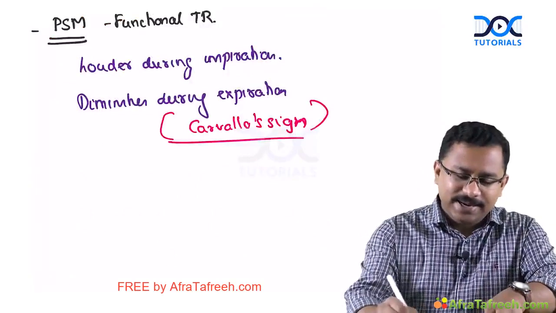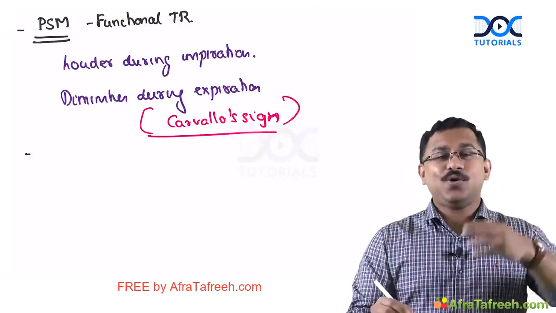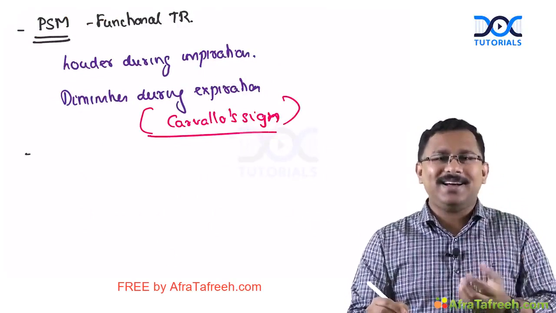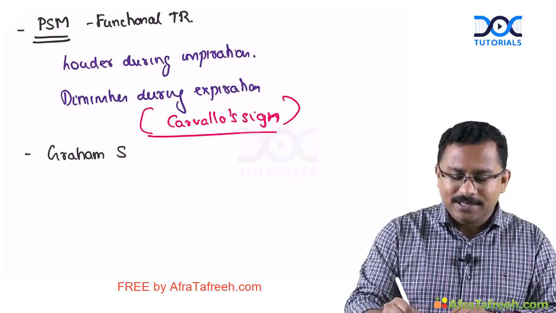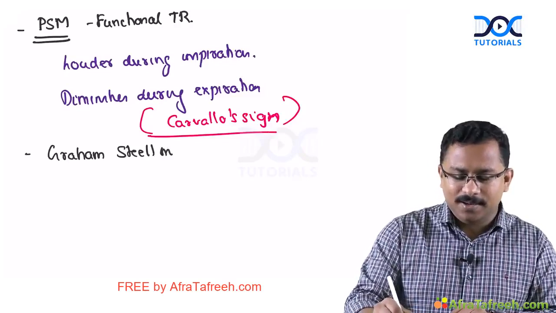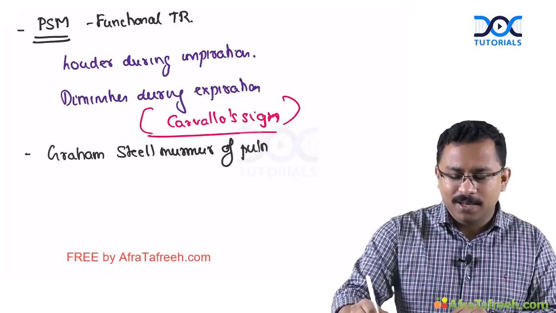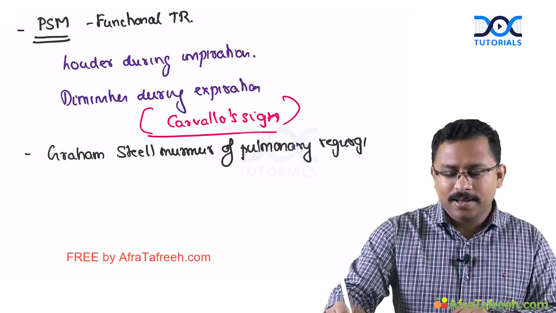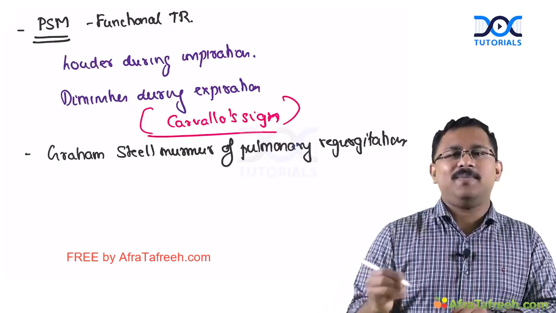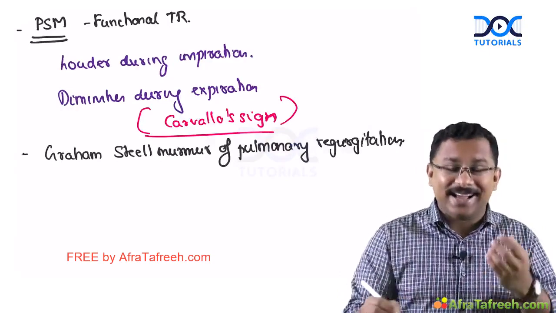Patients can also develop another murmur: you can have a pulmonary regurgitation developing, with a Graham-Steell murmur of pulmonary regurgitation. What sort of murmur is a Graham-Steell murmur?